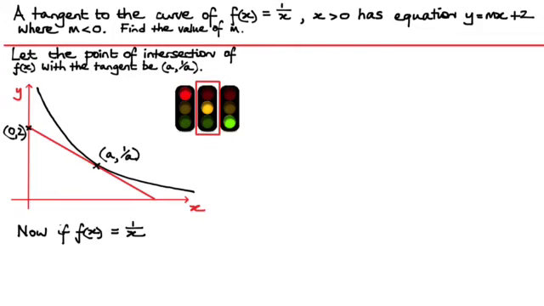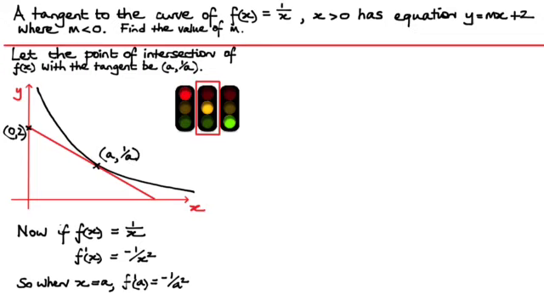If f of x is 1 over x, therefore the gradient function is minus 1 over x squared. And of course, if at the intersection point of the curve with the line, x is a, then we have a specific value of the gradient of minus 1 over a squared, don't we?